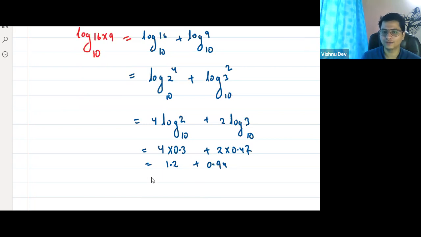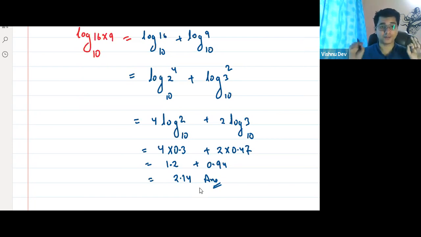If you add them, what will you get? 0.94 plus 1.2 is 2.14. Answer, yes or no? Everyone, take a time, take 2-3 minutes. Try to understand this and try to write it down.